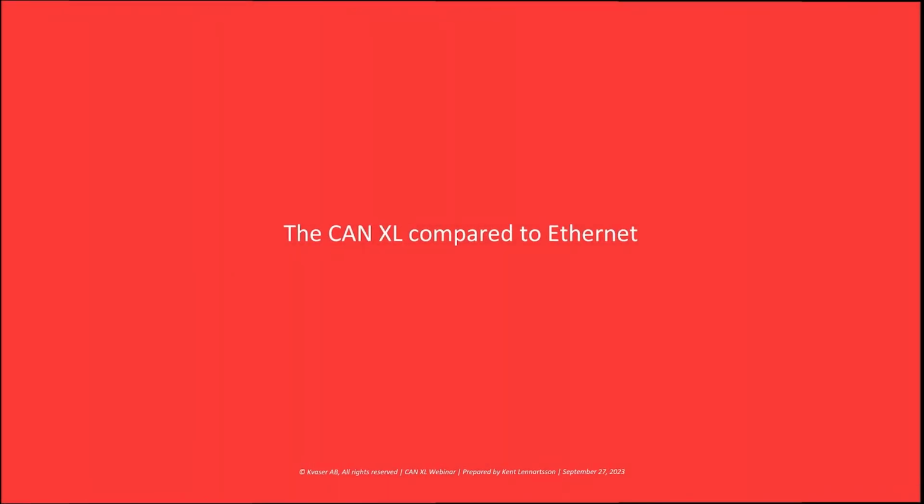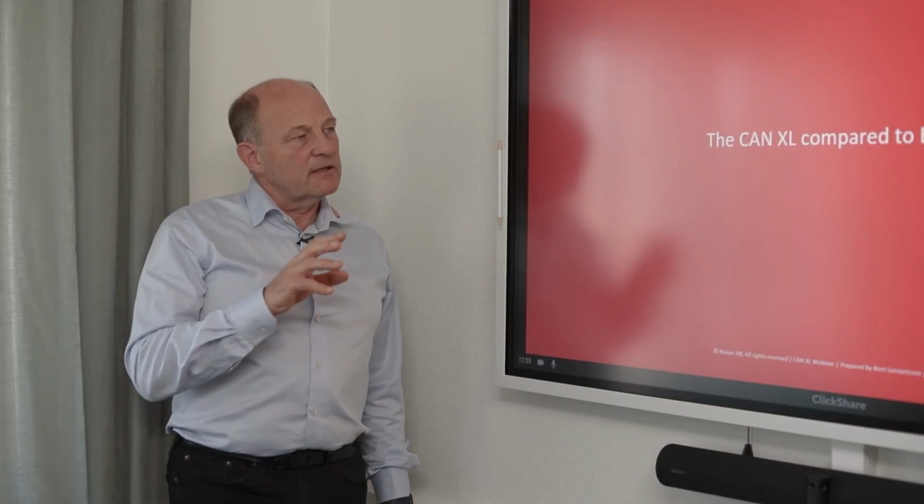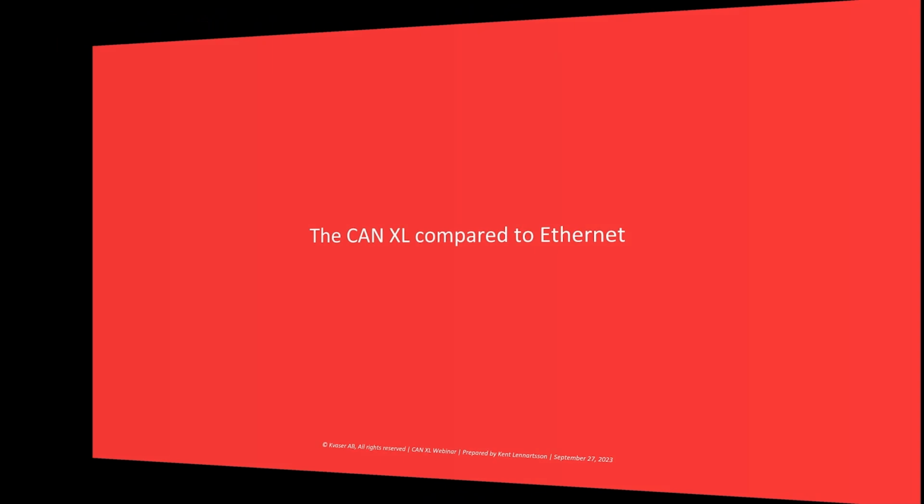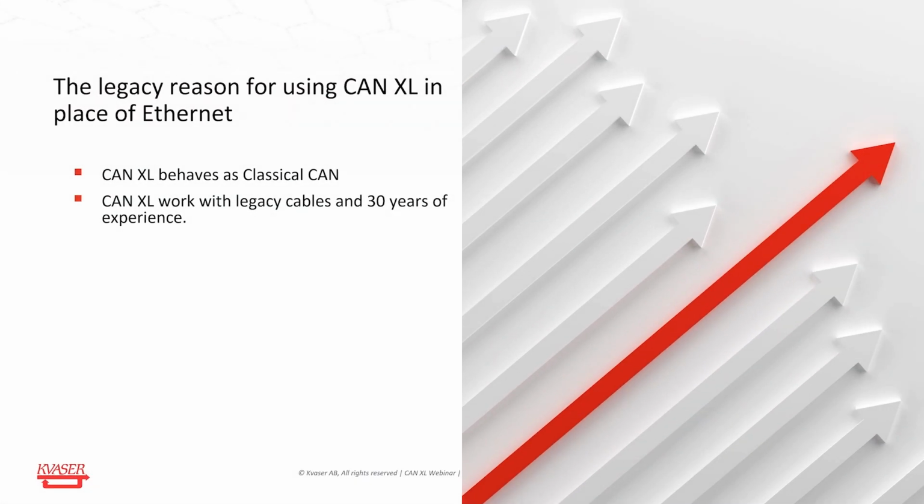And this is a short few slides here about CAN XL compared to Ethernet or other solutions available on the market. The good thing here with CAN XL, as we said, is that it can use the same drivers and the same network as classical CAN FD, and you can use the same development strategies.